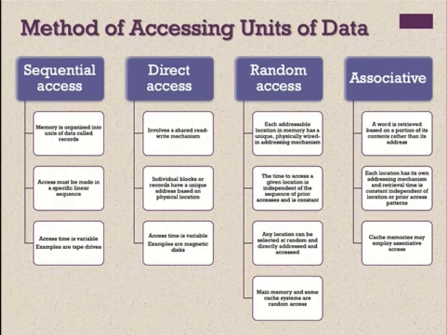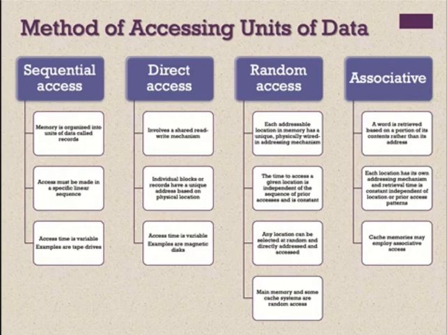So if you have 1000 locations, these 1000 can be accessed within a constant time. It doesn't depend on where your head was previously located. Any location can be selected at random and directly addressed and accessed. Main memory and some cache systems are random access.